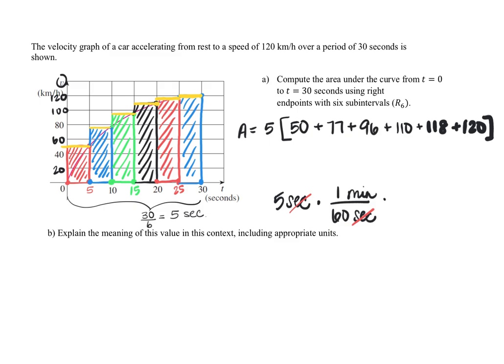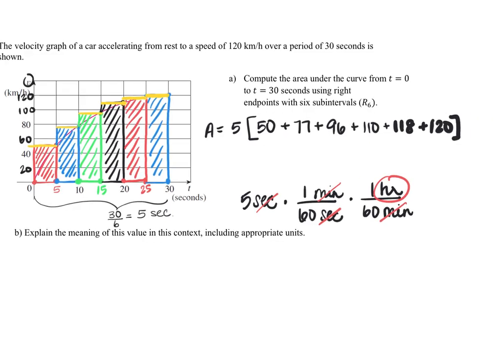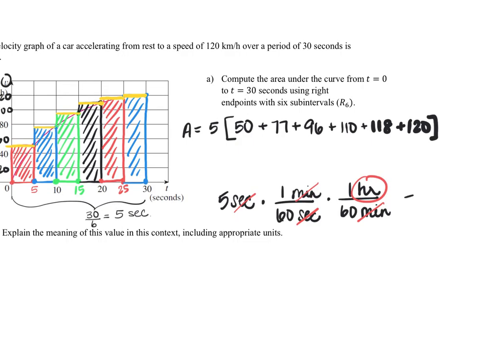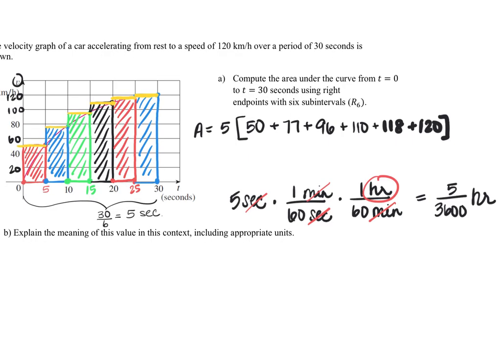But we want to go all the way to hours, so we know that there are 60 minutes in 1 hour. By converting one more time, our minutes will divide out and we'll be left with a unit measurement of hours. This means that 5 seconds is equivalent to 5 divided by 3,600 of an hour. So we'll go back to our original computation.